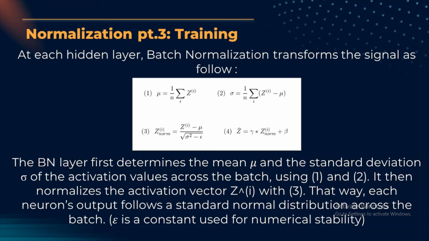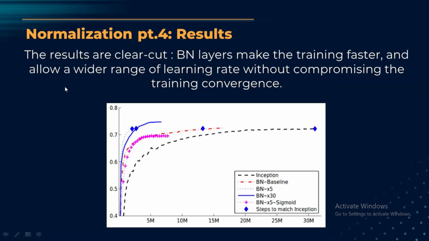That way each neuron's output follows a standard normal distribution across the batch. The results are clear-cut. Batch normalization layers make the training faster and allow a wider range of learning rates without compromising the training convergence.